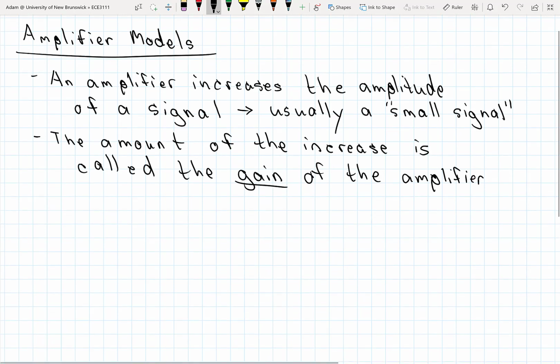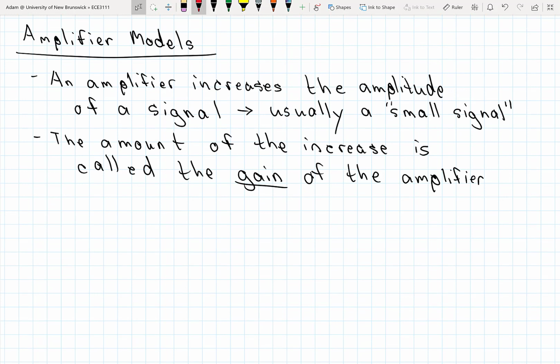So let's look at a simple example. Let's treat our amplifier, at least initially, as just a black box that has an input and has an output.